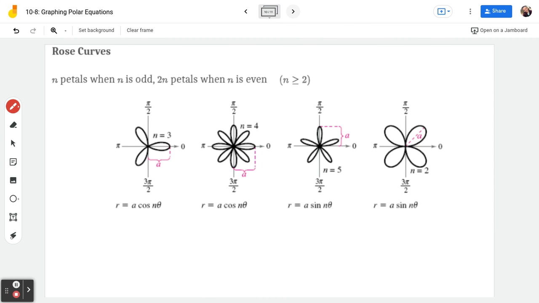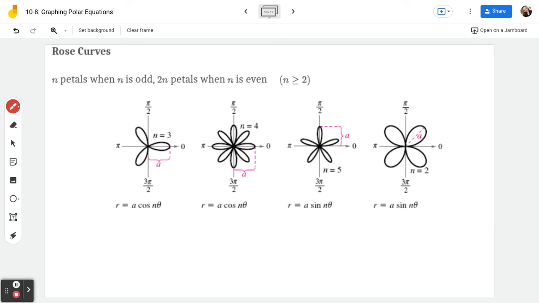The rose curves, those are my favorite. I know prom season is coming up, these ones are a real class act. What's interesting about the rose curves is that if n is odd, then n represents the number of petals. But if n is even, we have 2n petals.